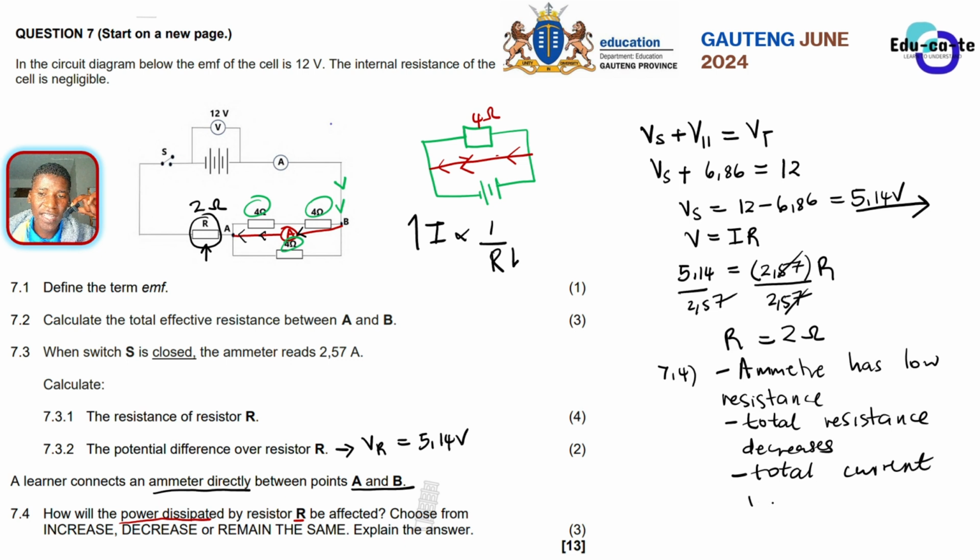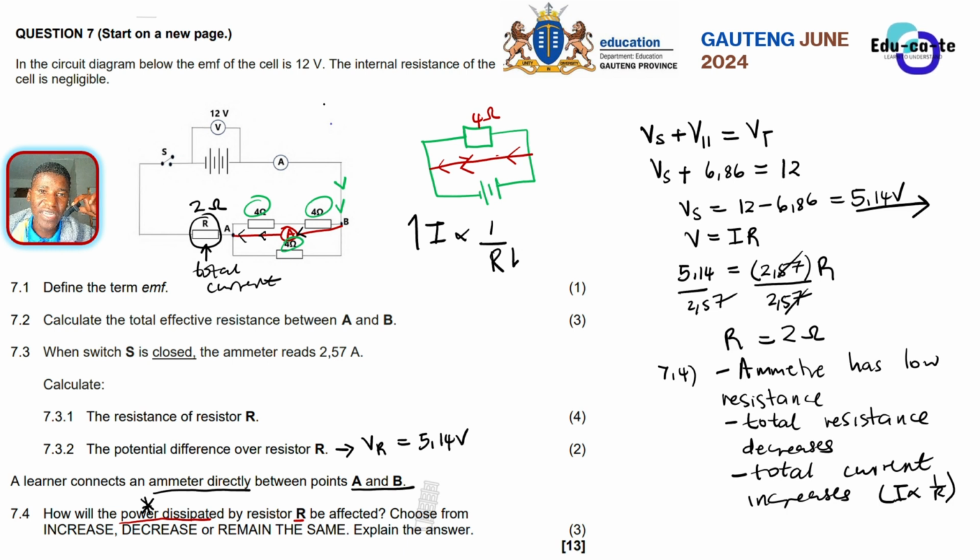Write the statement and say that because they are inversely proportional, total current will increase. And when total current increases, how will that affect the power that is being asked here? Remember that resistor R is receiving the total current, and we have said that the total current will increase. So how is power related to current?